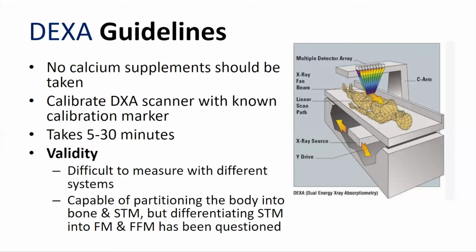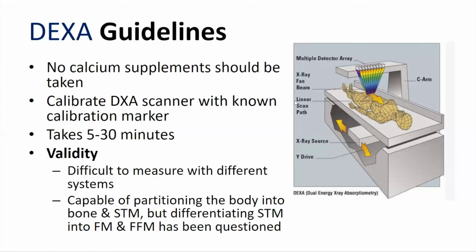To calibrate this machine, you would use markers with known absorption rates to ensure that what the DEXA is measuring is actually real. This takes about 5 to 30 minutes, depending on how big the region being scanned is, and also whether a fan-based or pencil-based method is used.